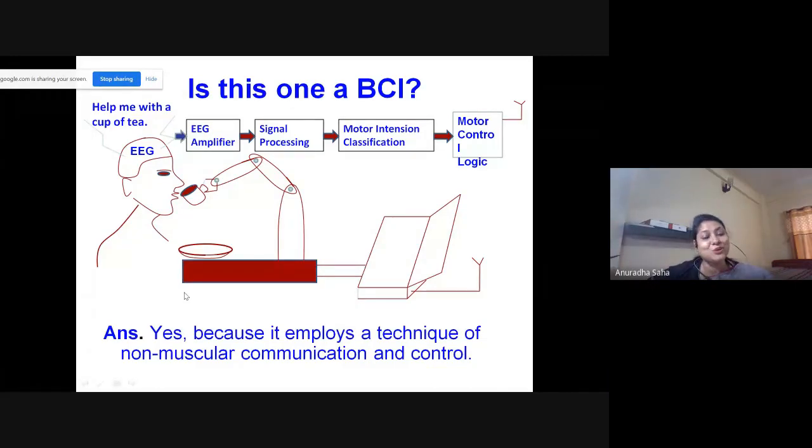And obviously, we can identify the intention of the person, that is the intention to get a cup of tea.